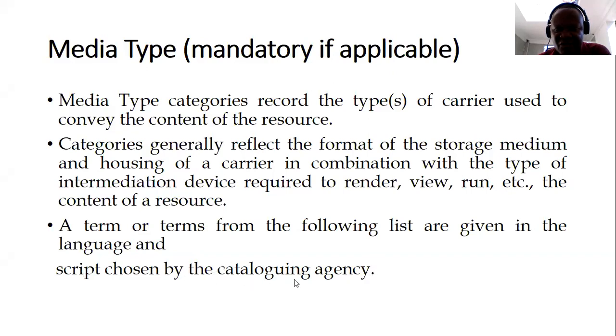You remember in core, they were mentioning cataloging agents. Cataloging agents is that agents cataloging the material. So whatever language you decide to use when cataloging, we shall use that particular term in that language.